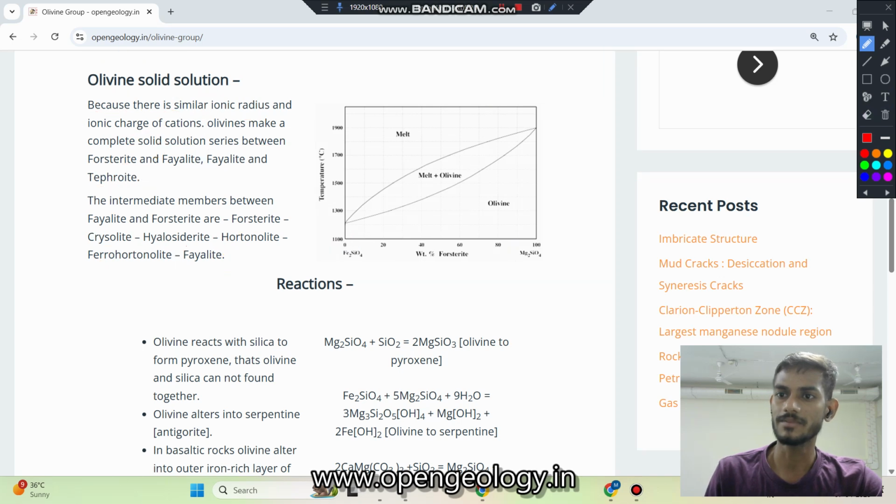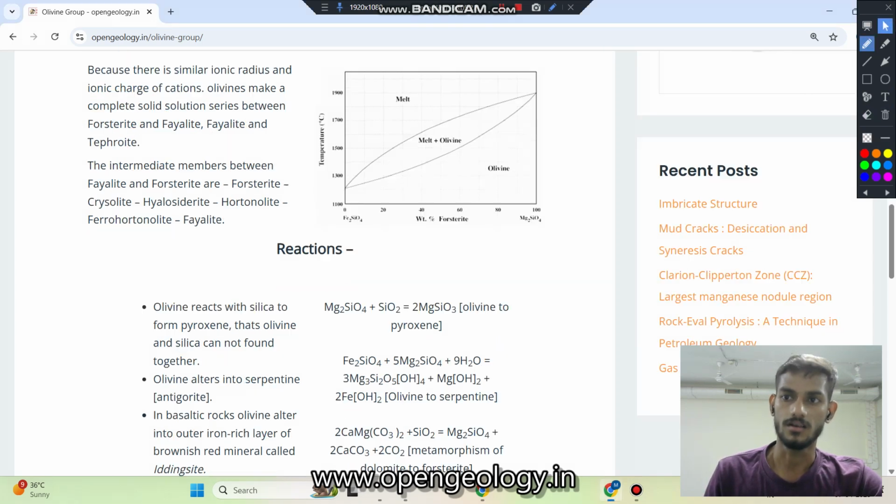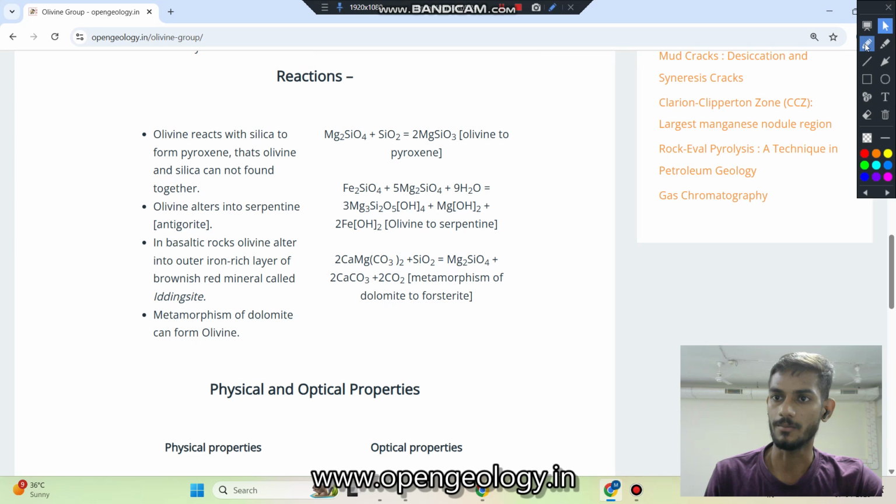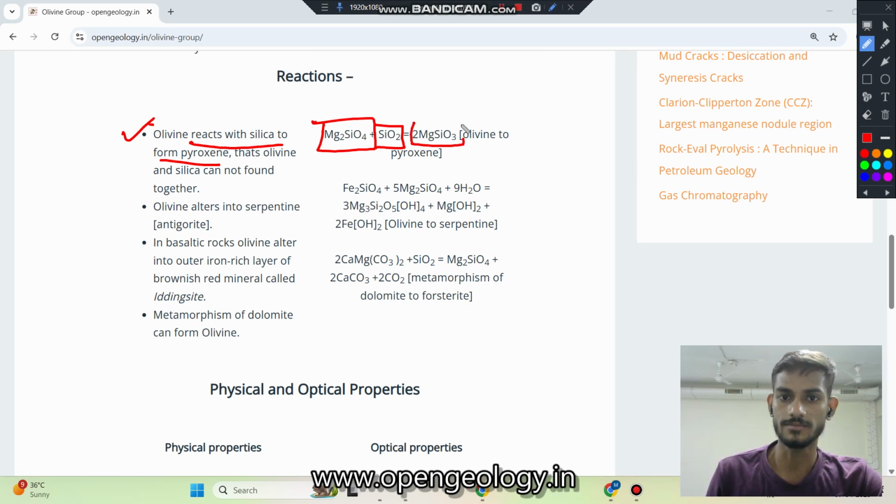Now there are some reactions which take place in the olivine group of minerals. The first reaction is olivine reacts with silica to form pyroxene. Whenever there is olivine, let's say Mg2SiO4, in the presence of silica, that is SiO2, then they will combine and form 2MgSiO3, that is pyroxene.